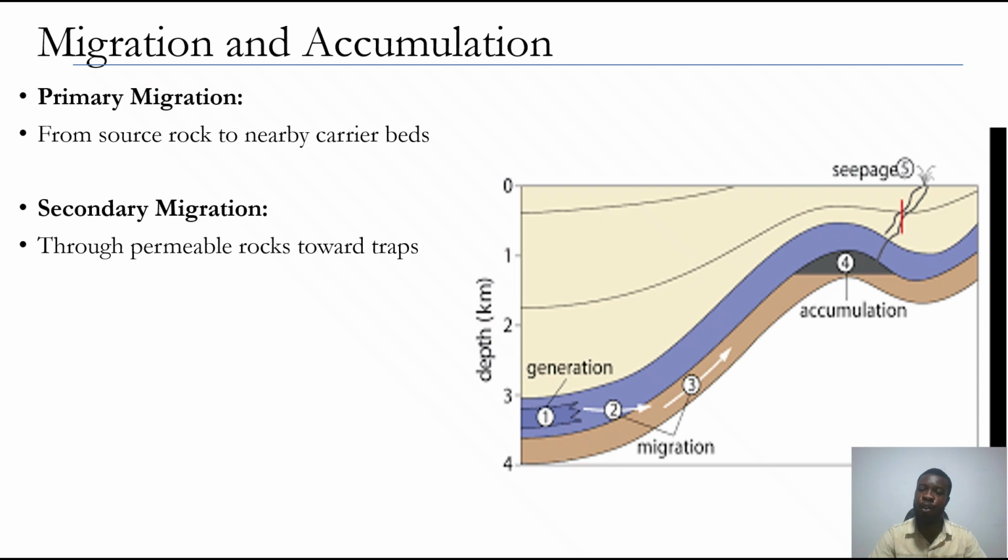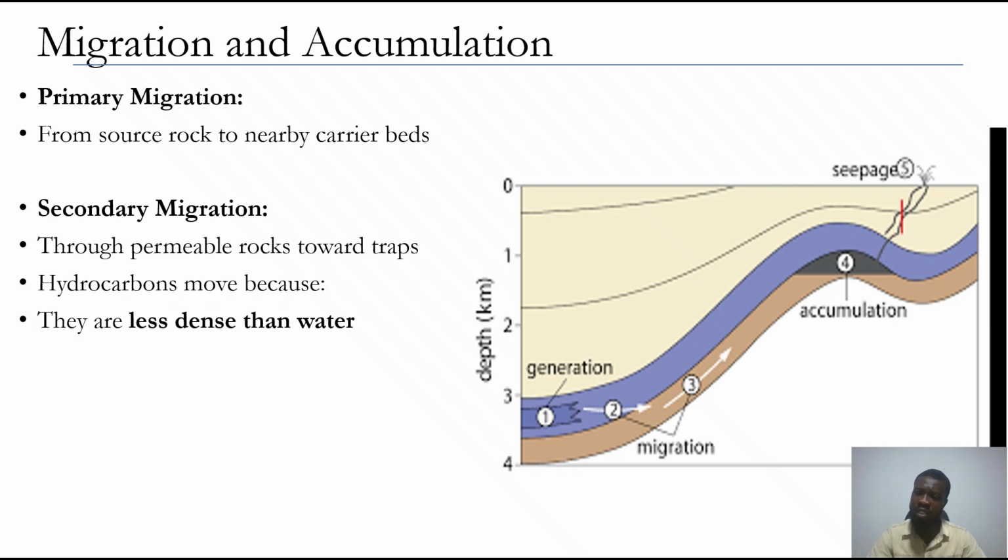And so this long movement is what we call the secondary migration. This happens through permeable rocks. And so when it gets to the reservoir rocks, it keeps moving until it encounters a trap. This movement from the source rock to a far away reservoir rock is what we call the secondary migration.